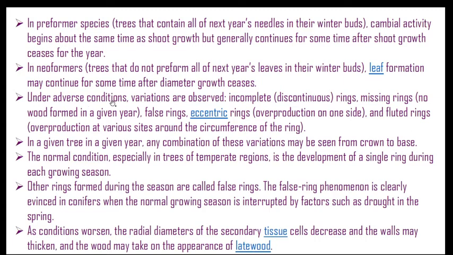Under adverse conditions, variations are observed. Incomplete, discontinuous rings are developed. Rings may also be missed, meaning no wood is formed in a particular given year. Sometimes there is a development of a false ring, that is, eccentric rings. Sometimes rings show overproduction on one side, and fluted rings show overproduction at various sides around the circumference of the ring.